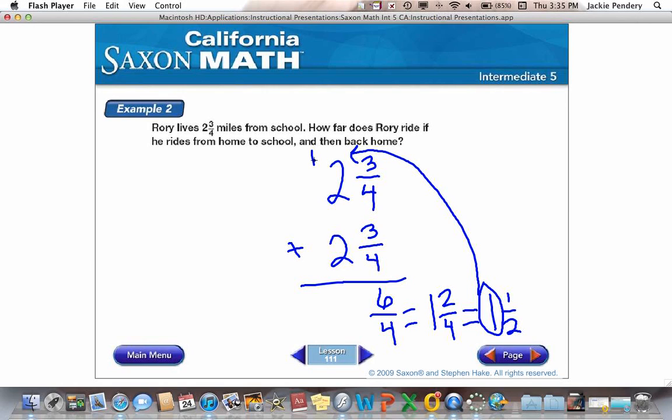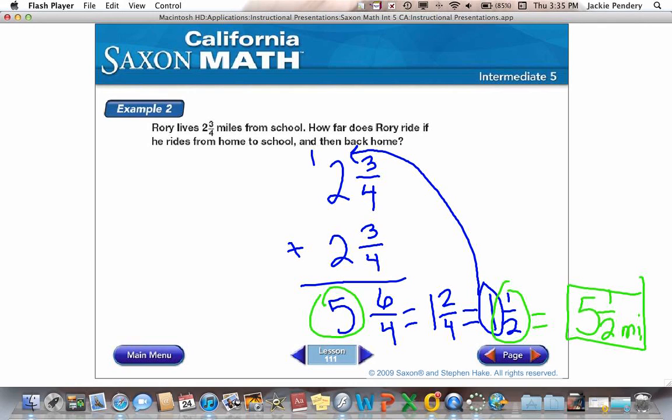Then I add my whole numbers. 1 plus 2 is 3 plus 2 is 5. So now we take this whole number, we take our reduced fraction, and that becomes our answer of 5 1/2 miles.